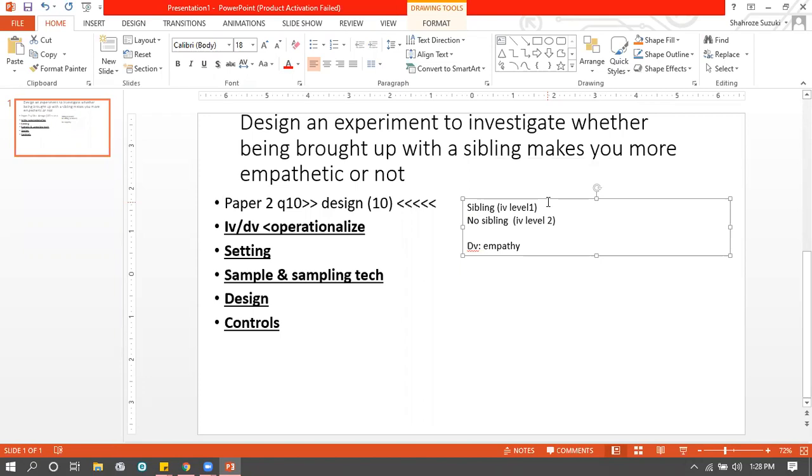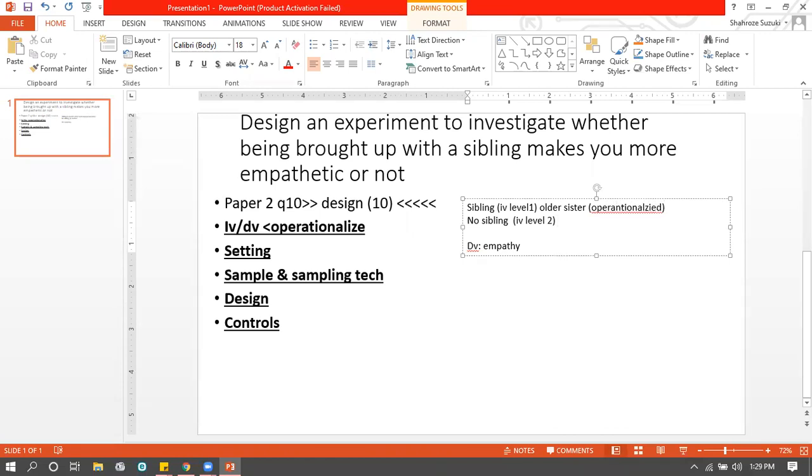You're supposed to specifically define what sort of sibling they're going to have. Brother, sister, younger, older, which one? Let's take older sister. Nice. So older sister is operationalized.